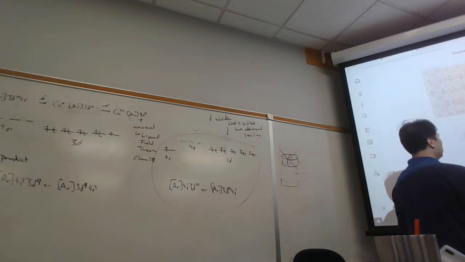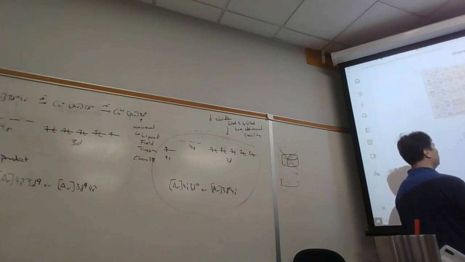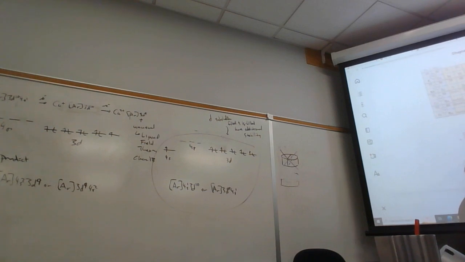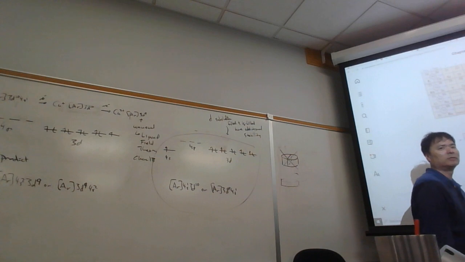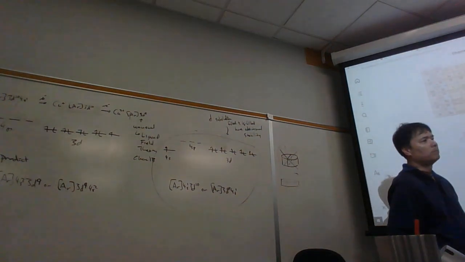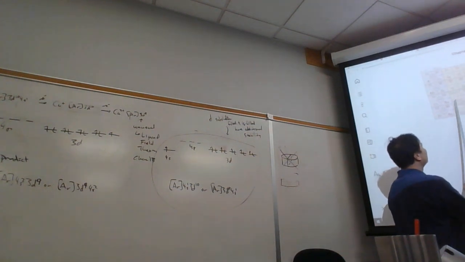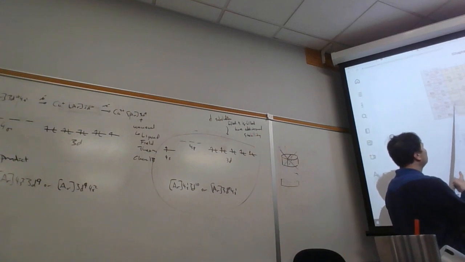Let's count. So 4f 1, 2, 3, 4, 5, 6, 7, 8, 9, 10, 11, 12, 13, 14, 15. 15. Can we have an odd number of electrons in a shell? No, what's going on there? What's going on there is there's a missing d. There appears to be a missing d element here.